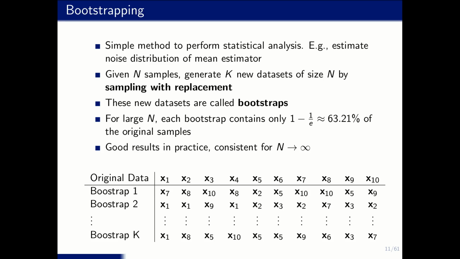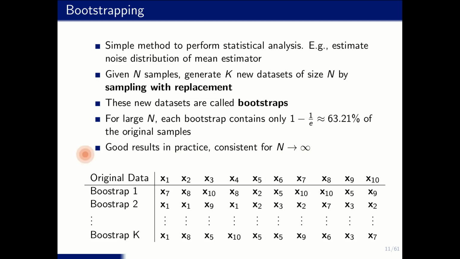In general it works well in practice, but it's actually a bit of a heuristic. There are no guarantees that this distribution of the bootstraps will be really close to the actual distribution of your mean estimator, unless you have really many samples. But generally, it's observed that this works well in practice.